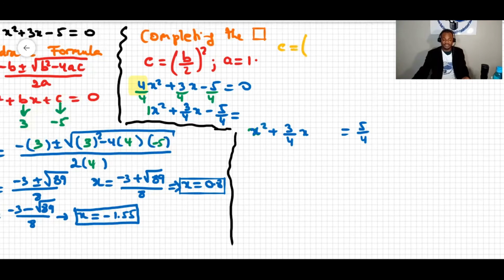The value of B is 3/4 now, because B is the coefficient of x, so it's going to be 3/4 all over 2 to the power of 2. When you have a fraction like this over 2, we can work out C. C will be just 3 over 8 to the power of 2.